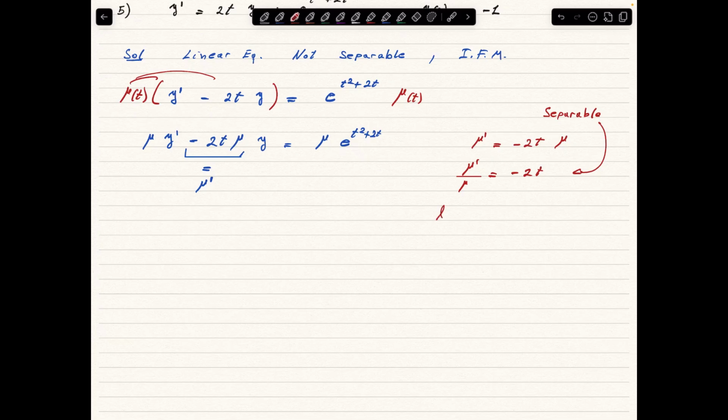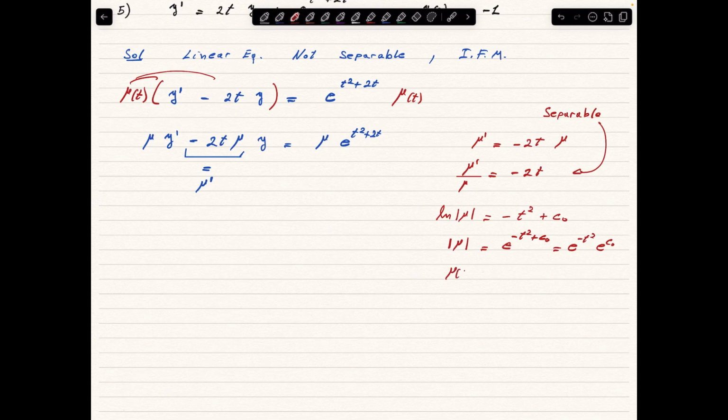If we integrate, we are going to get here the natural log of the absolute value of mu. Over here, we are going to get negative t squared plus a constant c0. And now we compute exponentials on both sides, and we have absolute value of mu equal exponential of negative t squared plus c0, which, by the way, is exponential negative t squared times exponential c0.